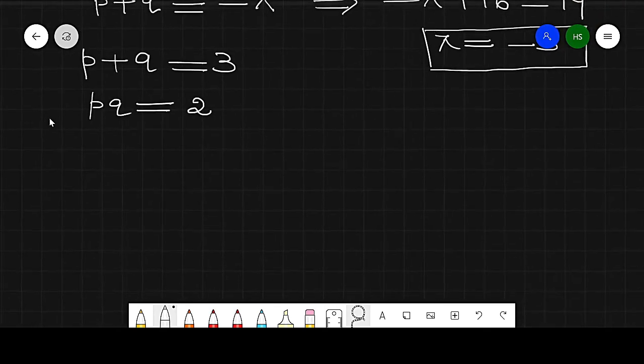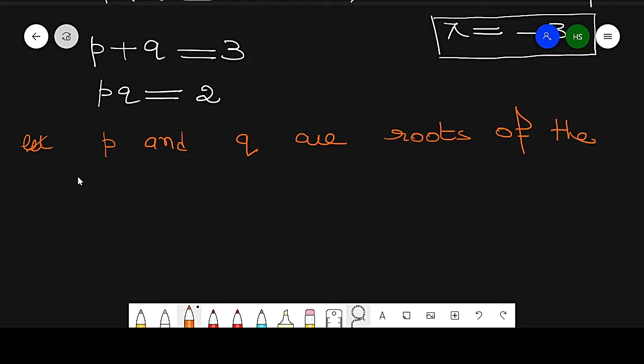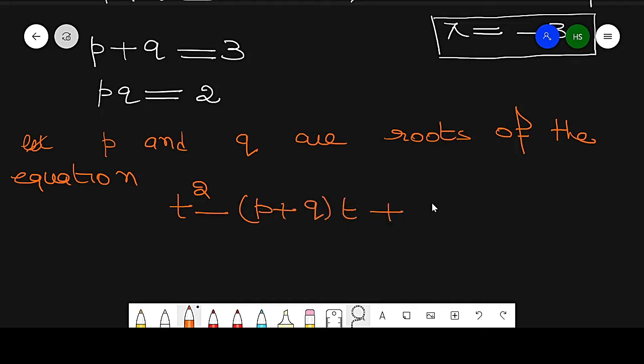Now to find the values of p and q, p and q are roots of the equation t square minus sum of roots plus product of roots equal to 0.